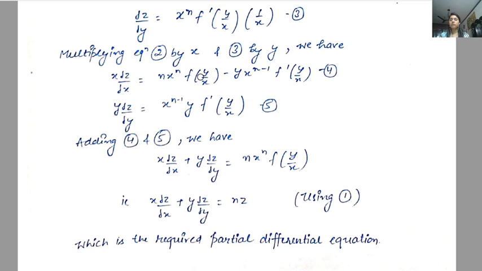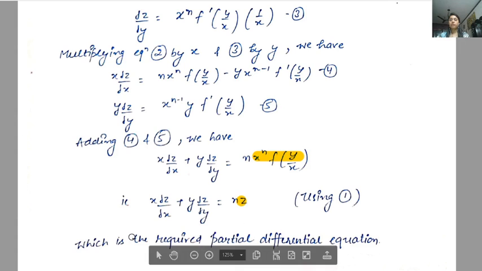We are left with only one term, that is n x^n f(y/x), and by using 1 we know this value is equal to z. So substituting z in place of this, this is the partial differential equation of first order free from arbitrary function f. Thank you.